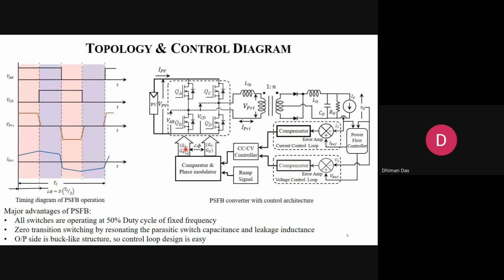With that, you can limit the current from the primary side, and you can also limit the voltage at the secondary side as well. So this is widely used in battery charging.